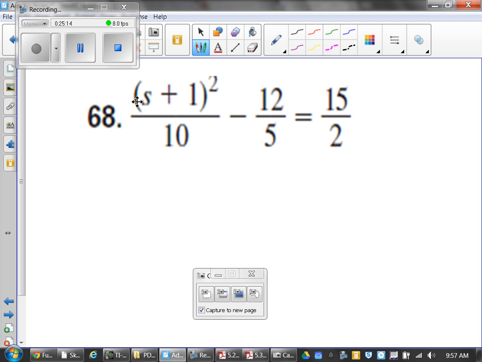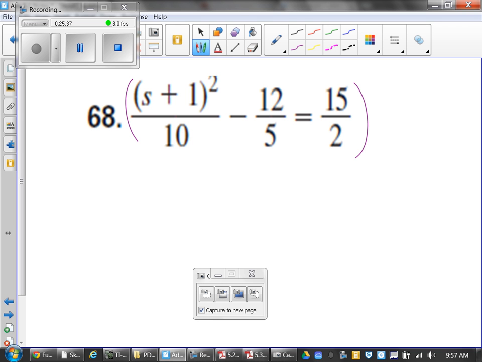So I want to get rid of my fractions. In doing so, I'm going to multiply everything to get rid of them. What is the least common multiple of 2, 5, and 10? 10. Good. If I multiply both sides of this equation by 10, my fractions drop out.